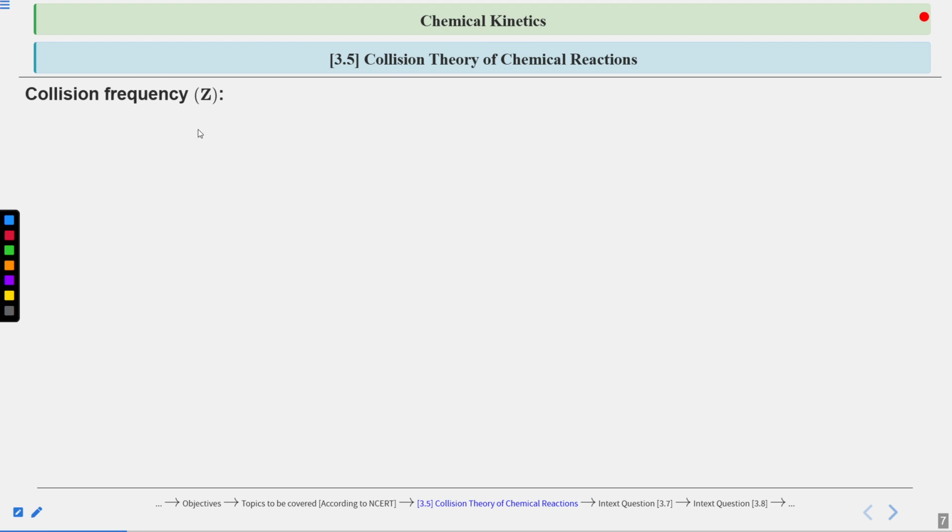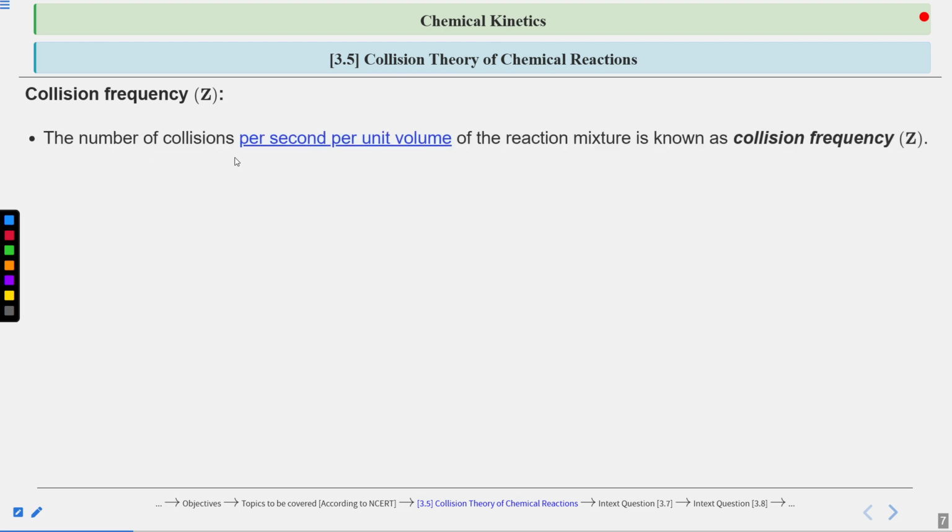Now let's talk about the collision frequency. It is represented by the symbol capital Z. The number of collisions per second per unit volume of the reaction mixture is known as collision frequency. That means, while a reaction is undergoing, how many collisions are happening for the making of the product.